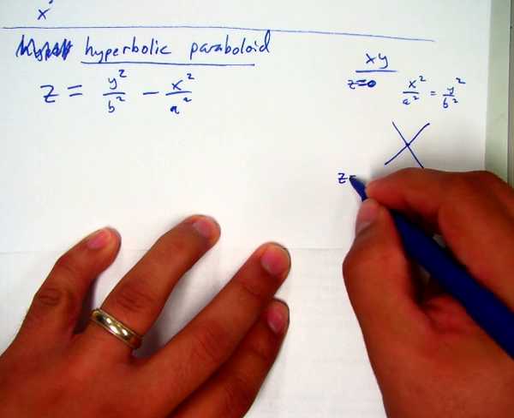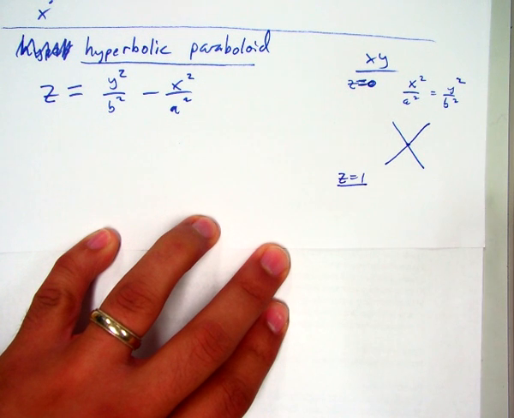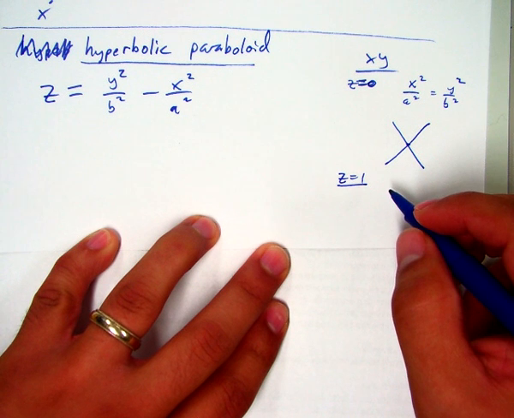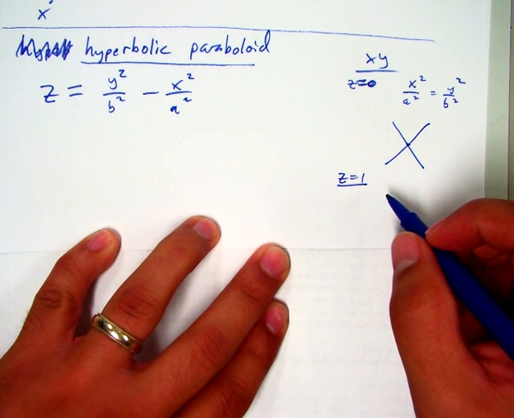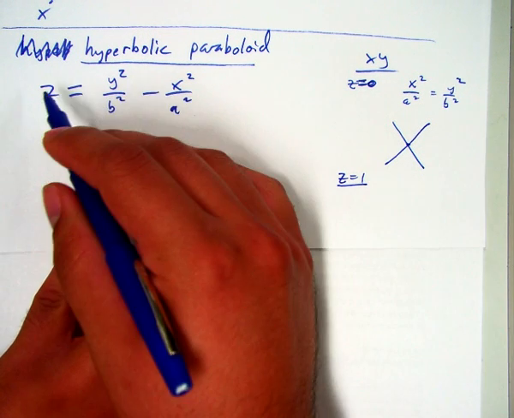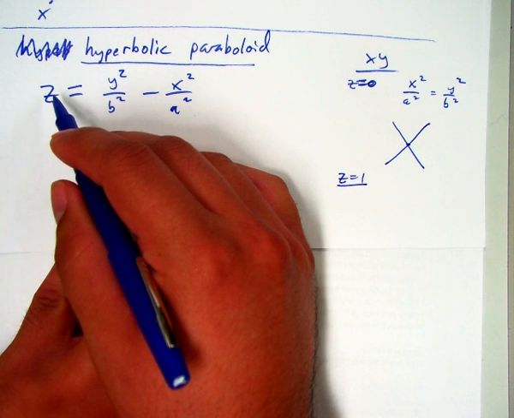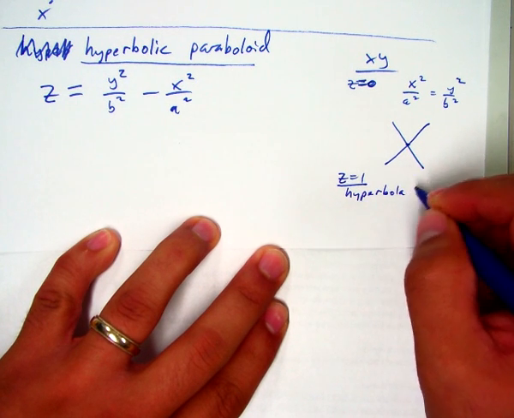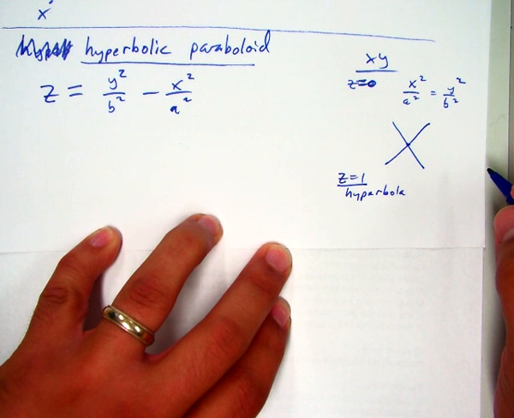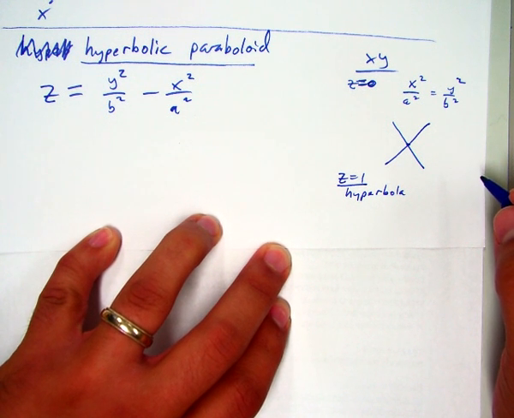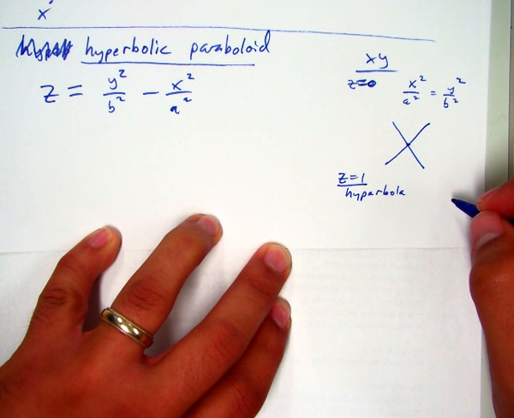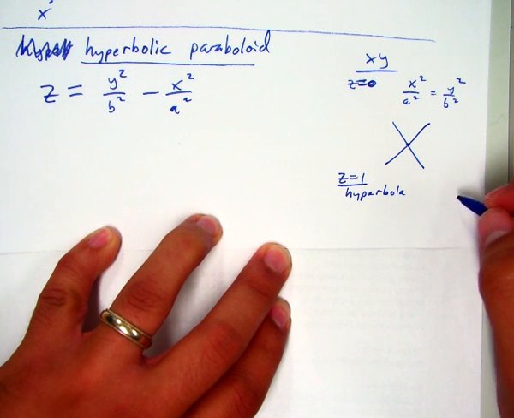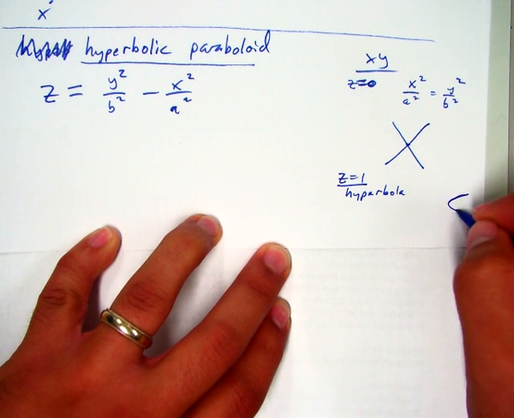Okay? If we go up to z equals 1, well, now we get what? Plug z equals 1 in here, and what do we get? A hyperbola. But, let's see. Y squared would be positive, right? So, if we're looking top down, y is left and right.